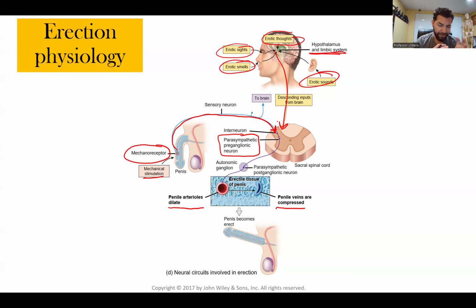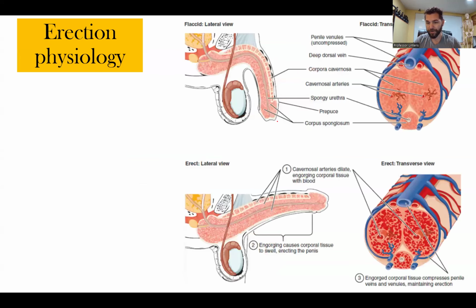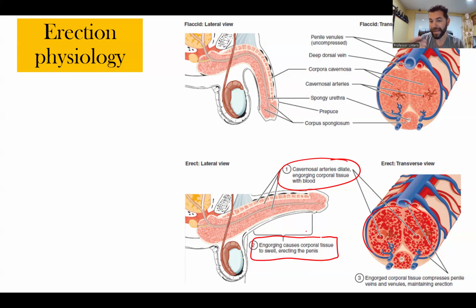Increase arterial blood flow, decrease venous leave, thus results in the erection. So this just shows the dilation of those arteries. More blood flow comes in. The corporal tissue, aka corpus cavernosum, swells, leads to the erection, and those veins constrict, keeping that blood flow in there.